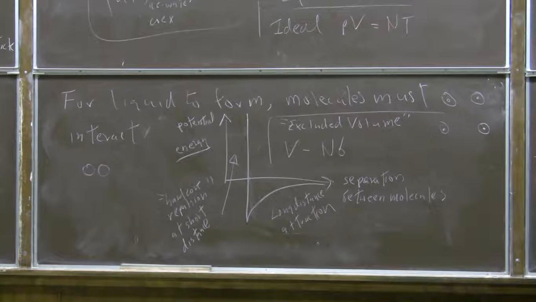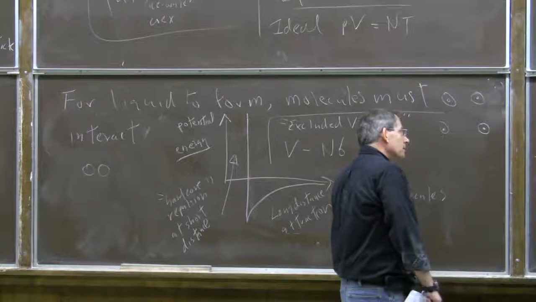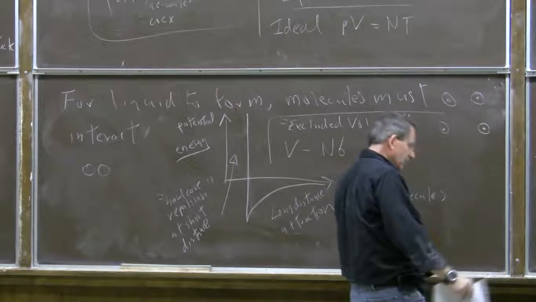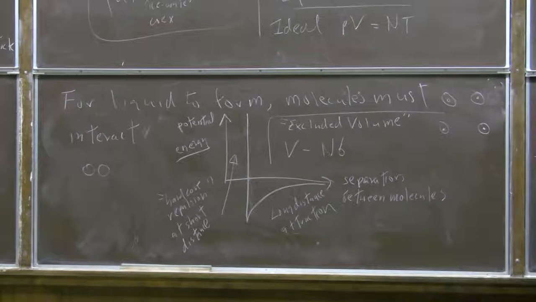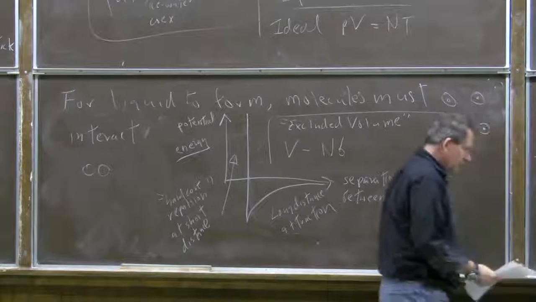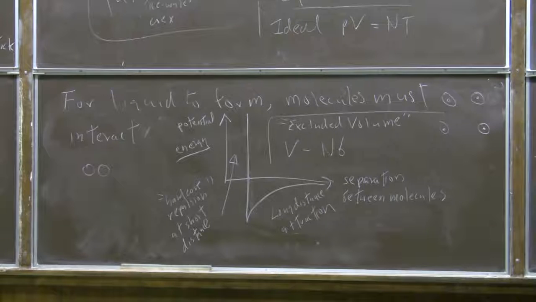Because it's an attractive interaction, the potential energy is negative, so I'll call it minus 2a, where a is some number with the appropriate dimensions. This is a contribution to the internal energy minus a N squared over V. V here meaning volume, not potential. Sorry about that.